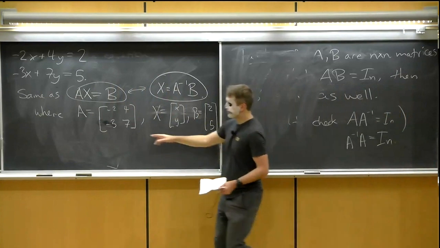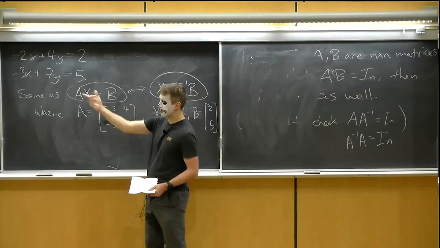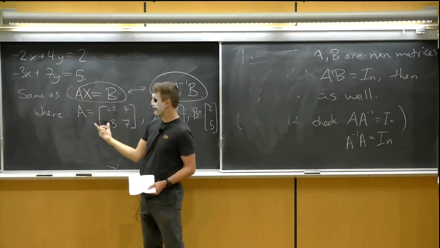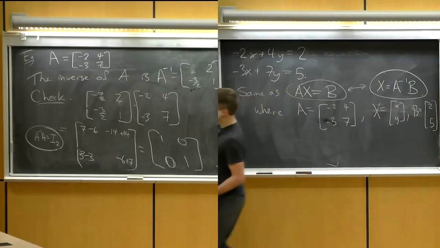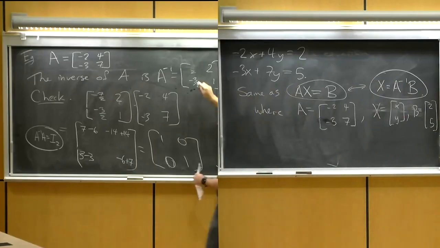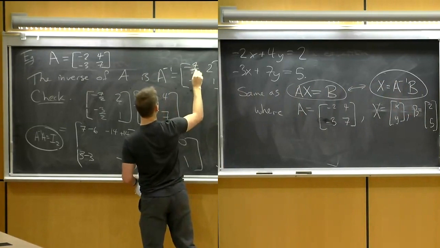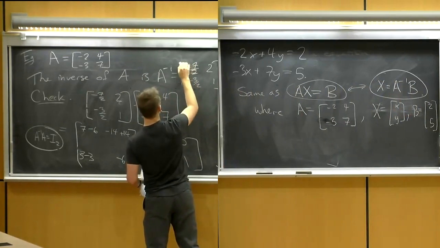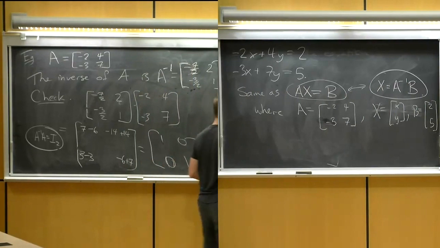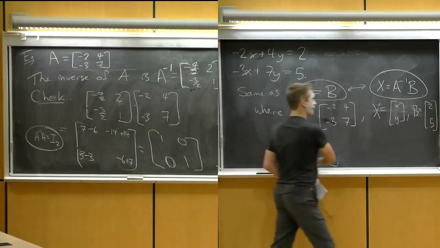And in this case, luckily, this is the matrix we were just talking about over there, right? Same matrix as this one. So I know what the inverse is already.